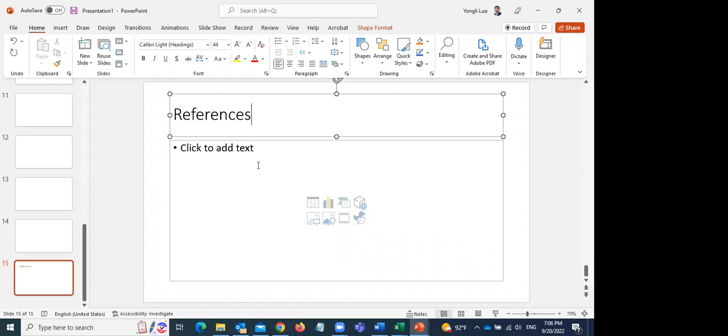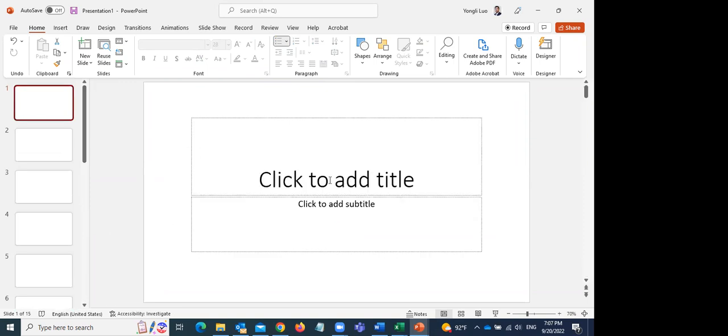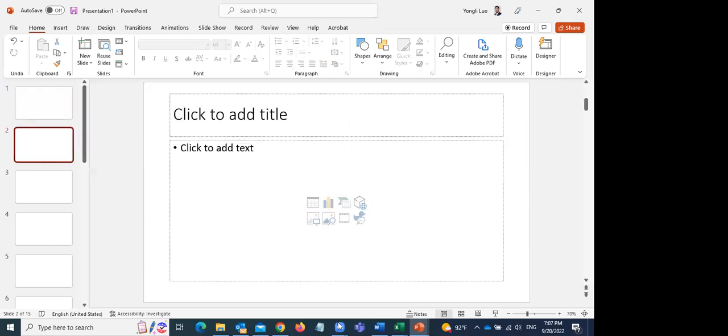Here you have references on the last page, and this is the title page, which is basically capital budgeting and your name on the first page. Okay, I'm going to show you the rule for capital budgeting PowerPoint slides.